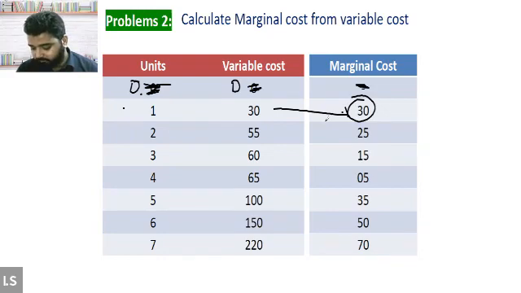Is that clear, Alexander? Yes, sir. So the point is that if variable cost is given to you at first unit, marginal cost will always be equal to variable cost. But if instead of variable cost, total cost is given, and the question starts from the first unit, then at first unit you won't be calculating the marginal cost. Marginal cost in that case will be a dash.